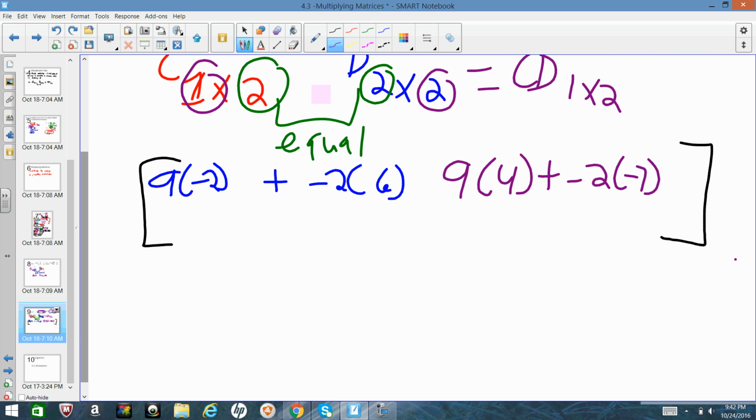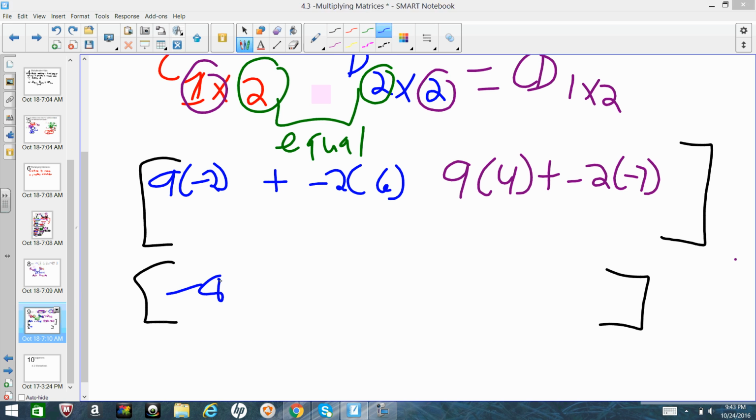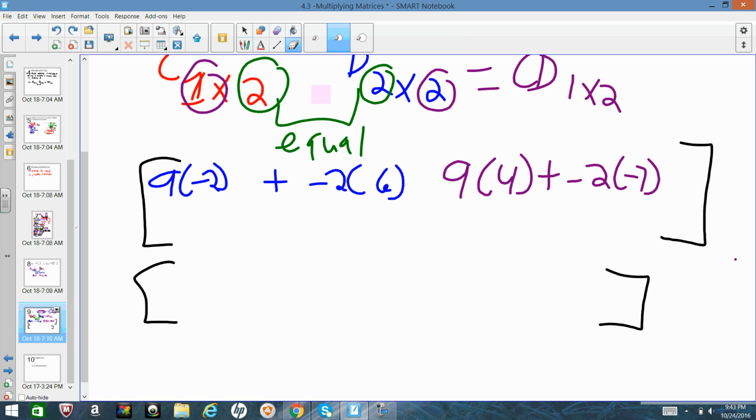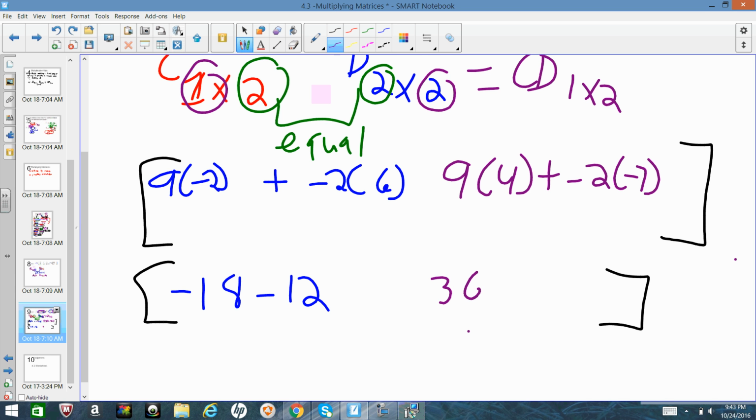So now it is just calculating those out. Again, we have a 1 by 2. 9 times negative 2 is negative 18. Not very good. So let's go back. So I would have negative 18 minus 12. In purple, I would have 36 plus 14.